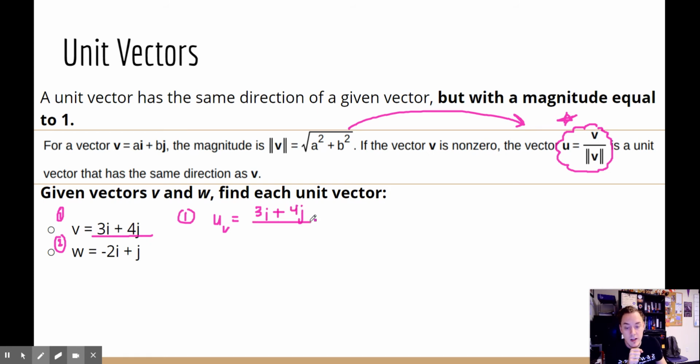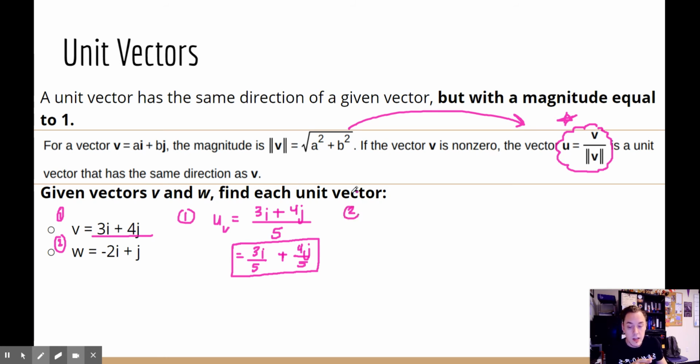So my vector v all over my magnitude of v. We already found the magnitude of v in the last slide, and that was 5. So then I simplify this out. This is 3i all over 5 plus 4j all over 5. Okay? So very simple, not too difficult.